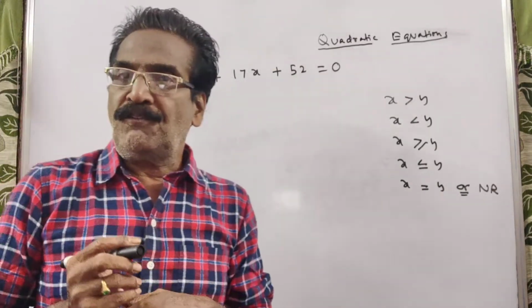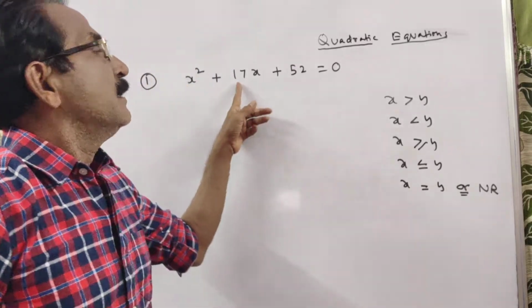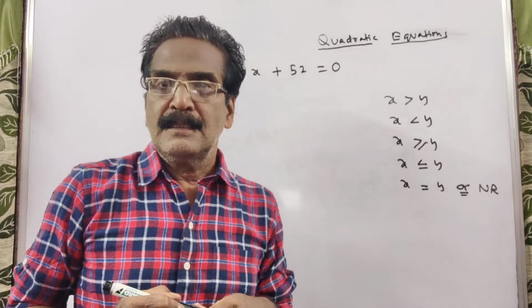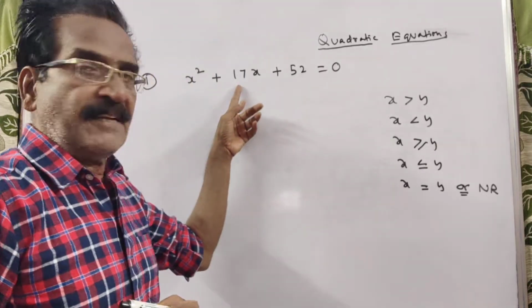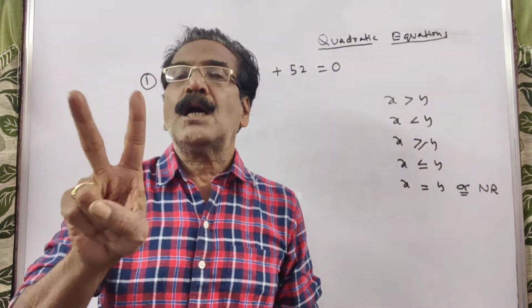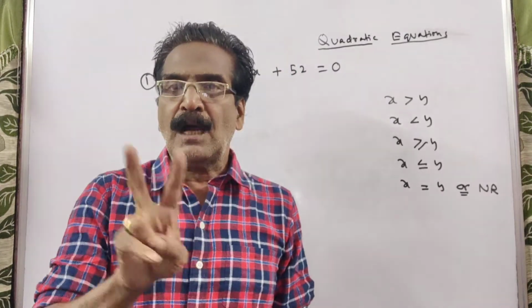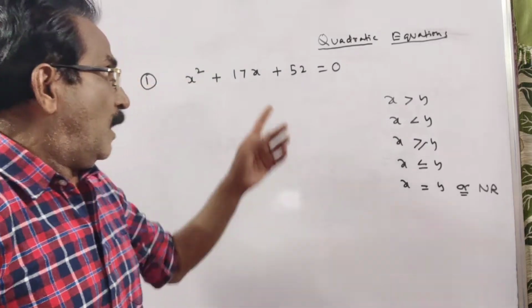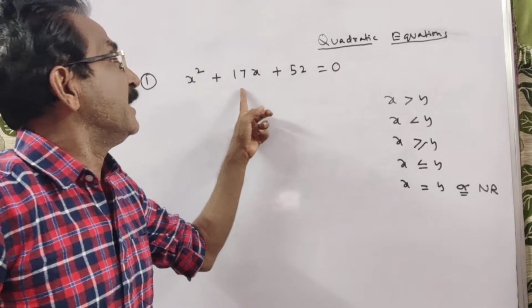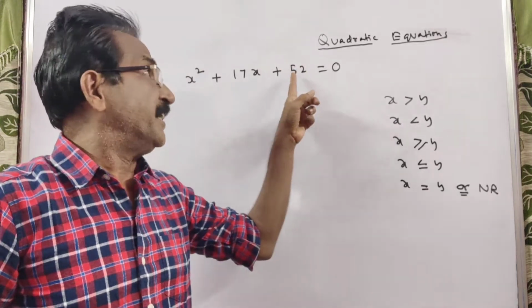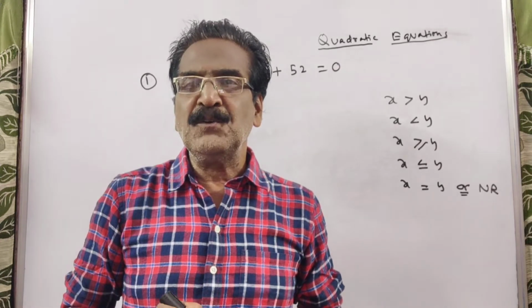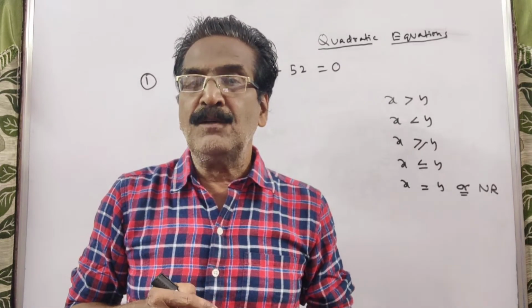So, how do you find the roots? Your sum of the roots must be 17 and the product must be 52. What are those two values whose sum is 17 and product is 52? 52 product means, in which table do you get 52?